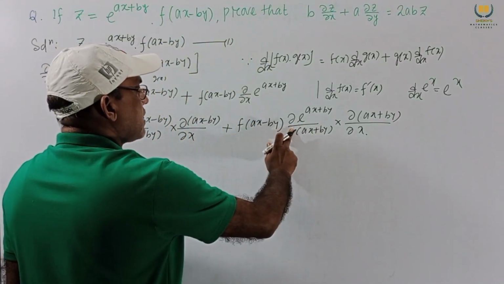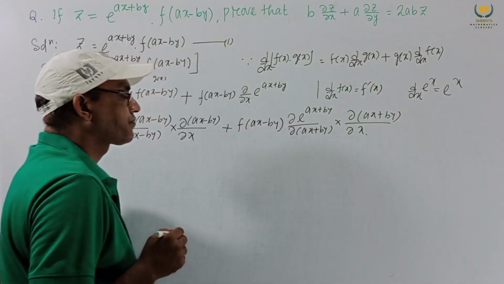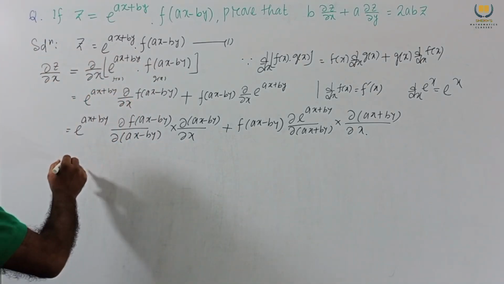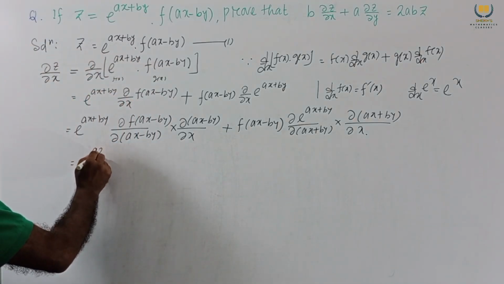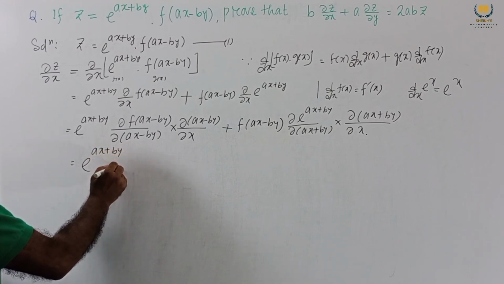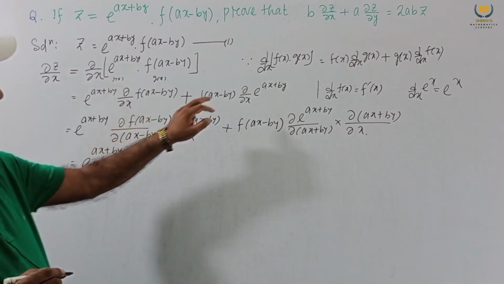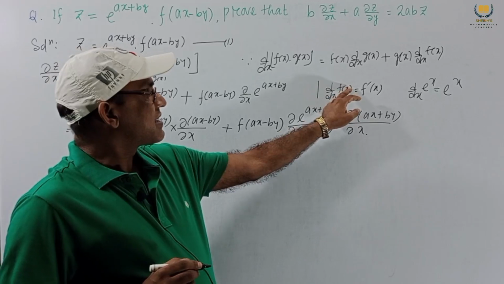So this is del. We get this. Now here we get e to the power ax plus by, and this x is the same.